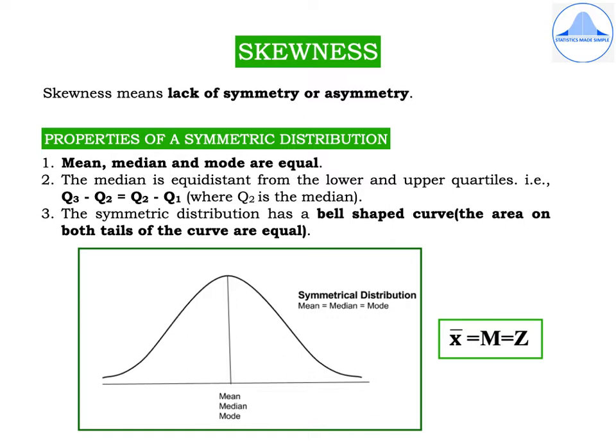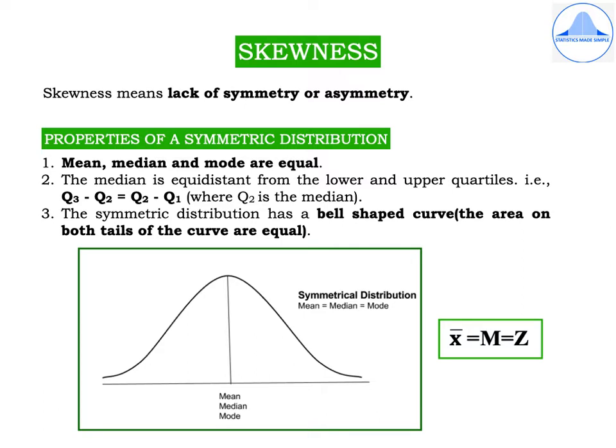The symmetric distribution has a bell-shaped curve. That is, the area on both the tails of the curve are equal. Now, if you observe the curve in the green box, you see that this curve is a symmetric curve.